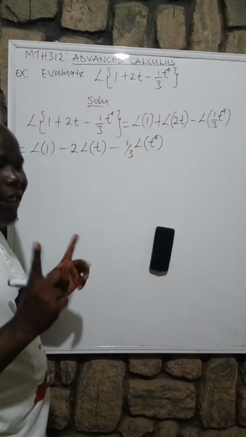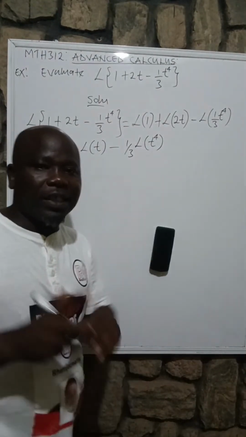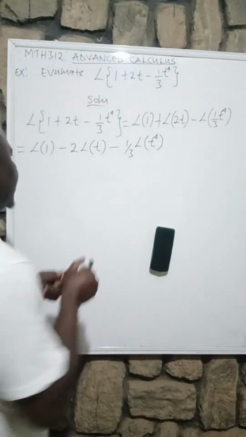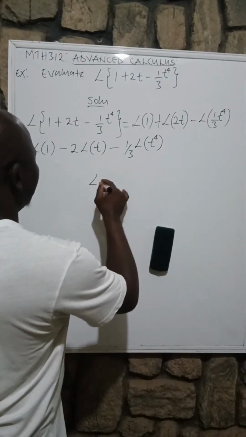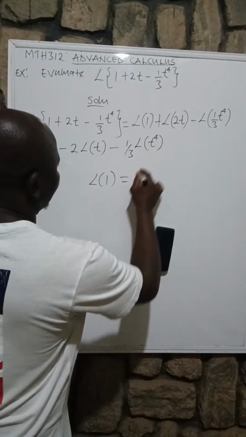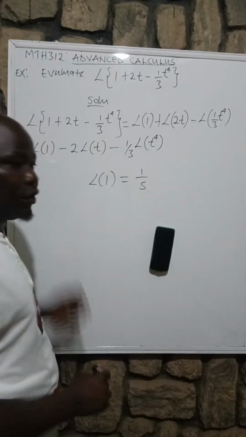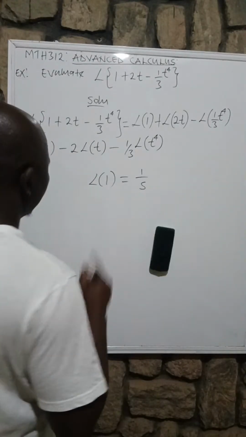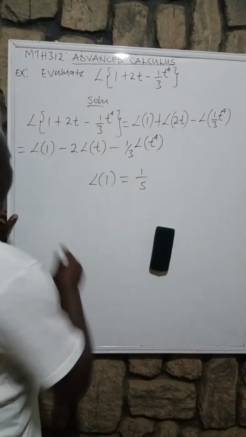I want us to go back to the properties that we did. Laplace of 1 is going to give us 1 all over s. How? Look at it. I want to show you something.